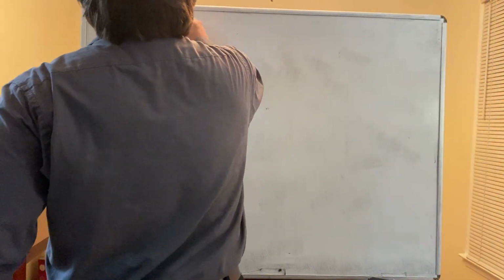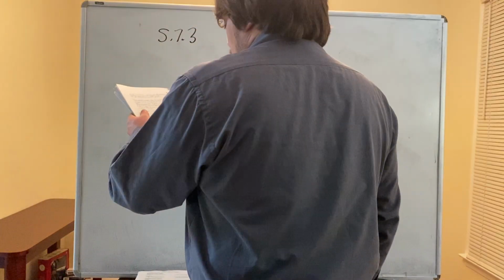Okay, so the next section is 5.7.3, which is the normal distribution.